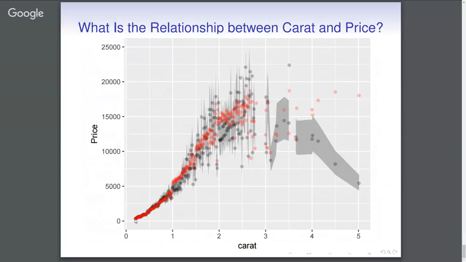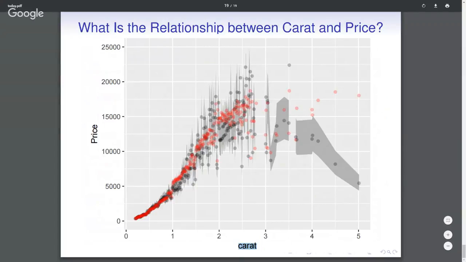So you can see there's a sharply increasing relationship, although a relationship that the model seems to capture really well, up to 2 carats. I think this is expressed relative to the weight of the diamond or something like that.